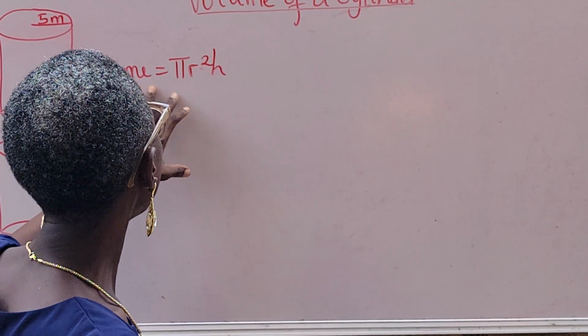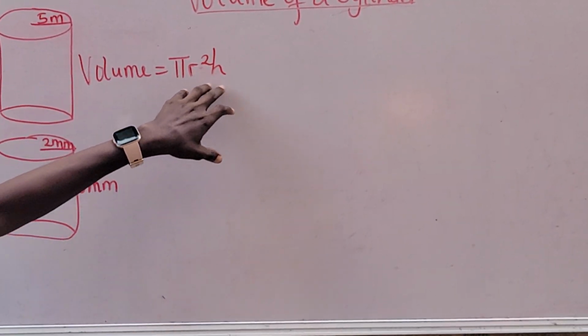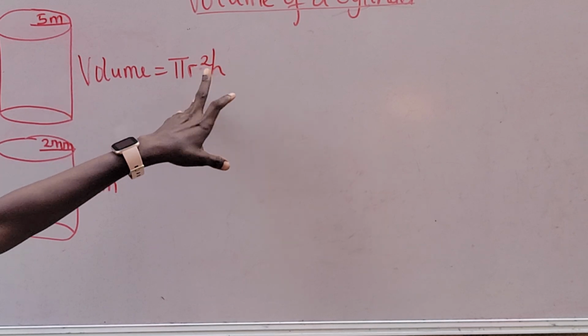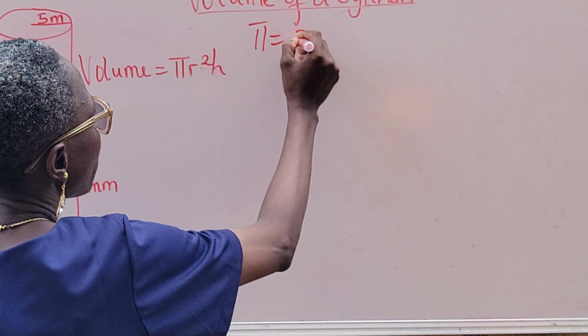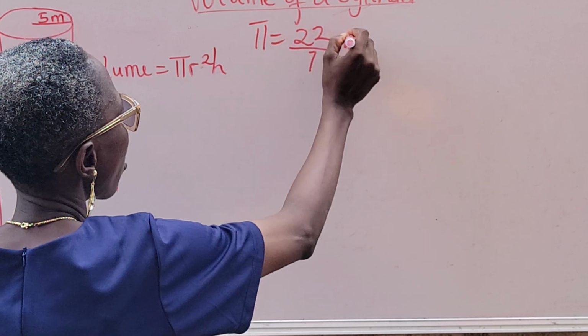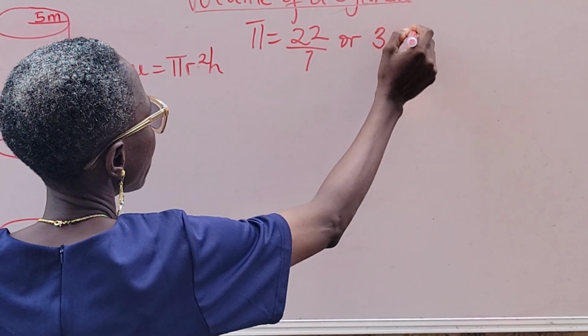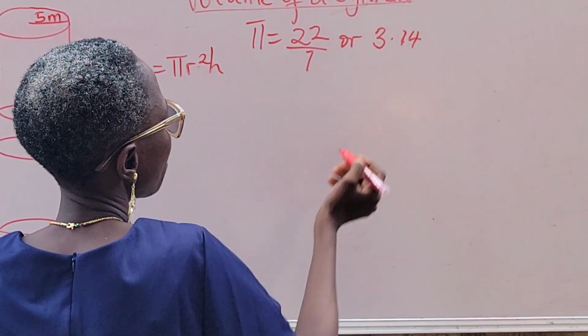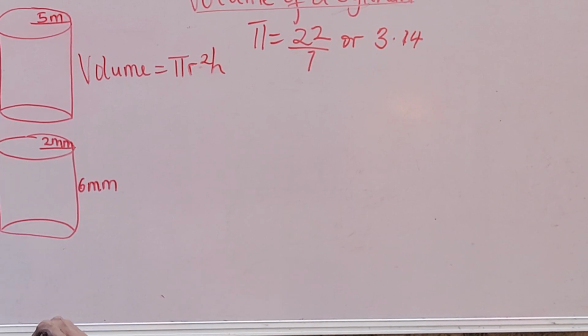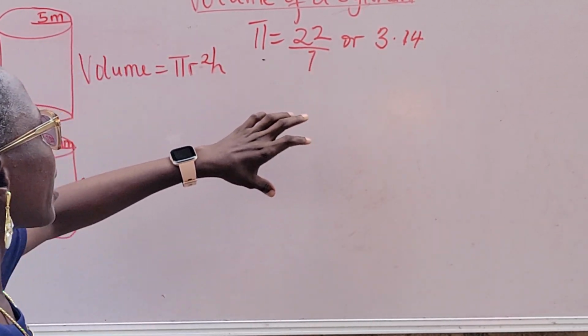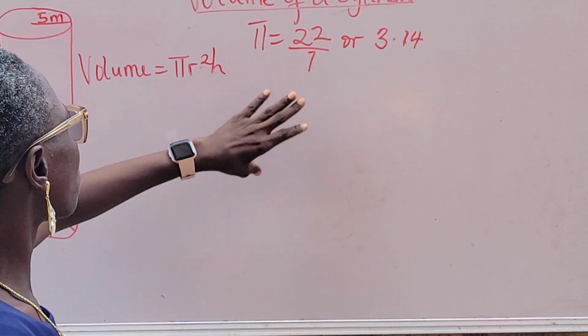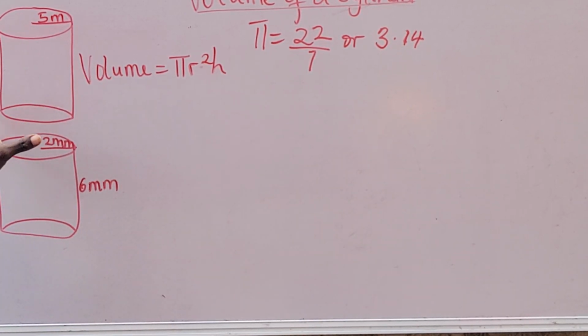The formula is just pi r square h. Pi is always 22 over 7 or 3.14. 3.14 is a decimal, changing this fraction to decimal. So I always advise that you use 22 over 7 when your question is just like this.